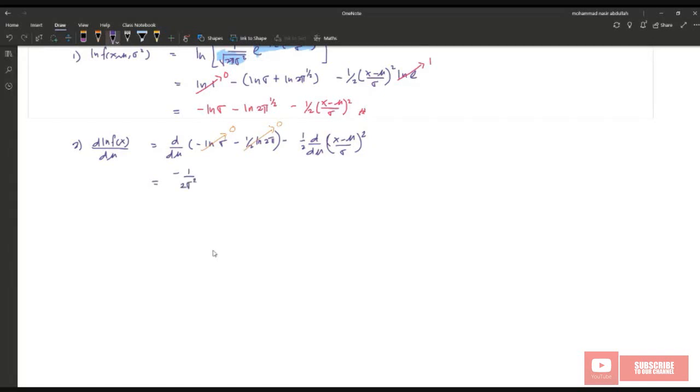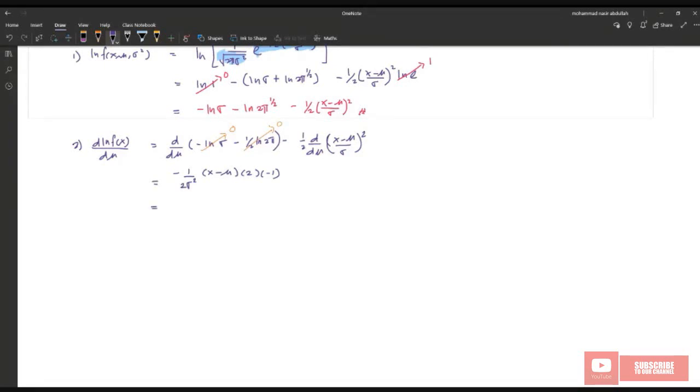We just take out the value of sigma over here, and then we differentiate (x minus mu) squared, with power 2 minus 1. So the 2 comes to the outside, and the negative 1 is the derivative with respect to mu.